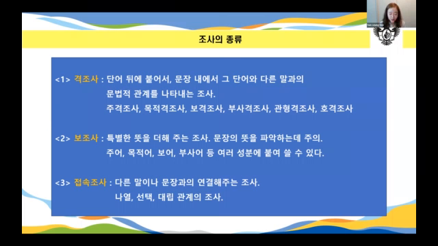Case particles are the most important and most grammatically used particles. You've probably heard about them before, I think. Subject particles, 주격조사, and objective particles, 목적격 조사, and so on. By adding a certain particle, a word can be a subject in a sentence and also can be an object, right?